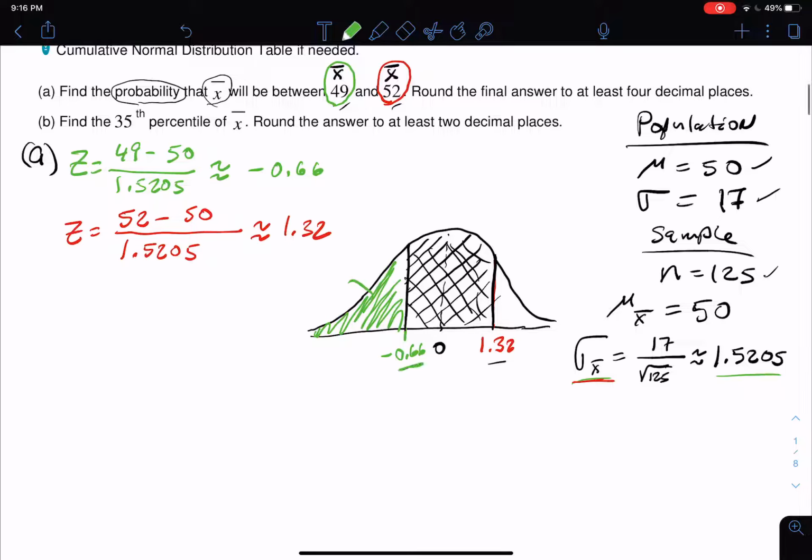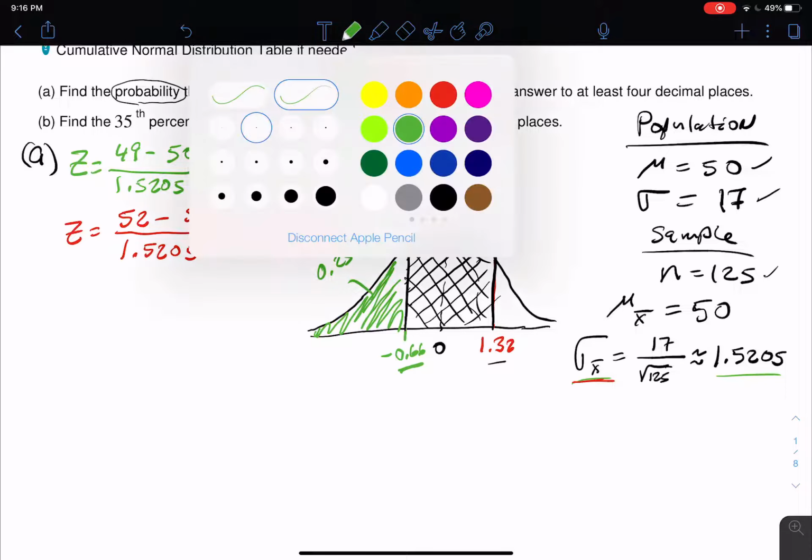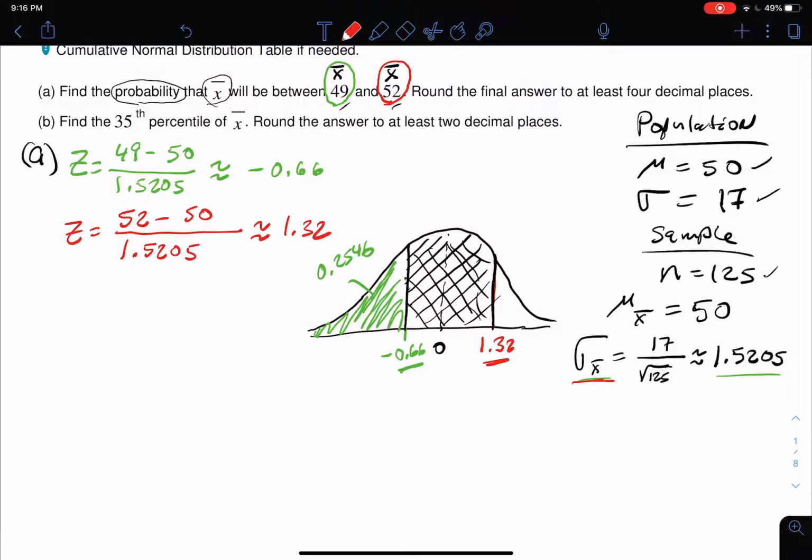If I look up that z-score on my z-table, I will find that the area to the left of that is 0.2546. And if I look up that z-score, I will find the area to the left of that z-score is 0.9066.